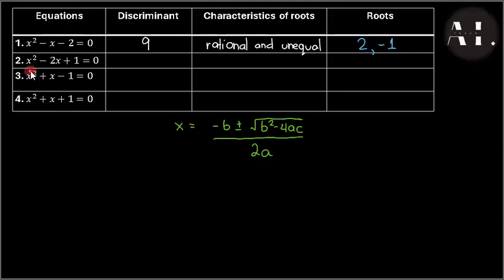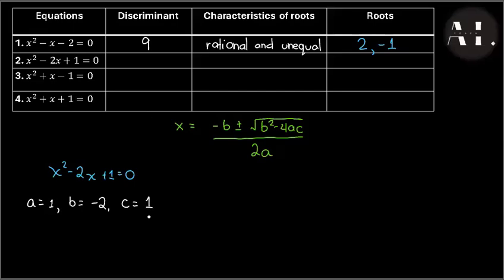Second equation, x squared minus 2x plus 1 is equal to 0. First, let's find the coefficients a, b, and c. The value of a is 1, b is negative 2, and c is positive 1.